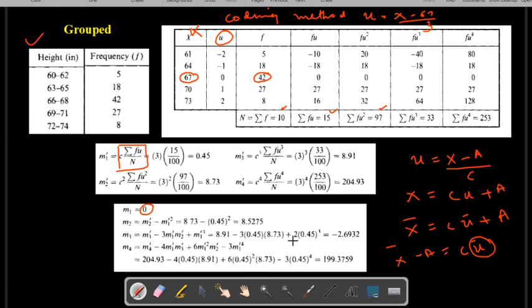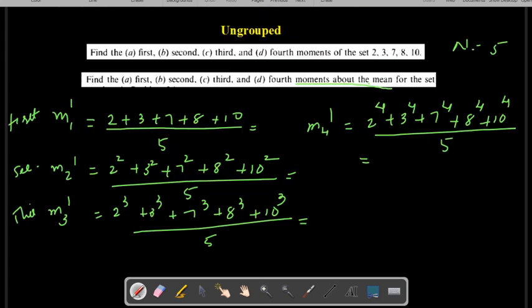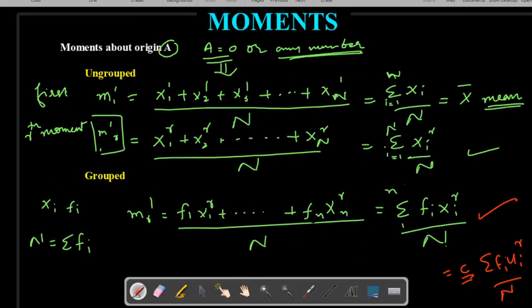Hope the idea is clear. The only thing is we have two formulas. What are the two formulas? First one, we have for moments about origin a. A can be 0 or a can be any number. If a is 0, we will write m1 dash in this way, that is sigma xi by n, all raised to 1, it is not dash.